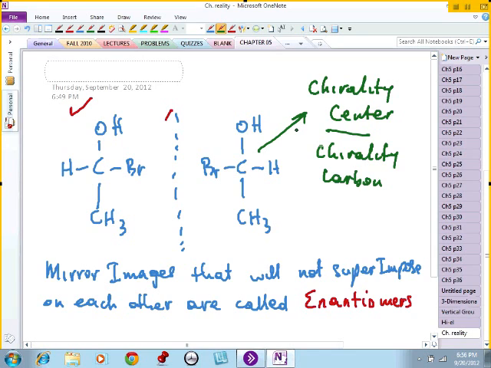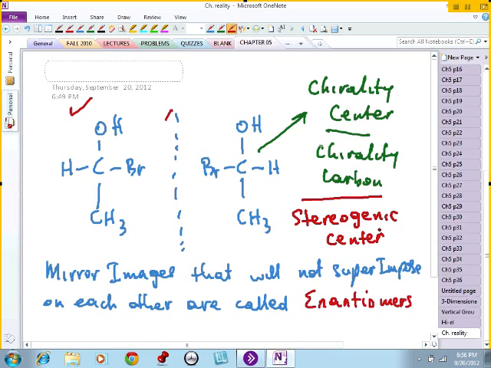Okay, some books will refer to this as a stereogenic center. So a stereogenic center or a chirality center is that carbon or atom that is attached to 4 different atoms or 4 different groups.